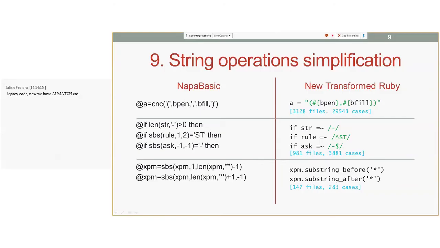Yeah, of course, everything before this simplification applies only for the special case where the SBS is referring to the beginning of the string. Now SBS, the substring, normally is transformed in Ruby to an indexing operation. And before this improvement, all the SBS statements were transformed to this indexing operation.